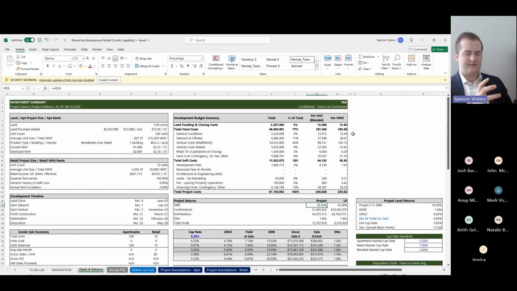Take something like that in 30 to 60 minutes. You have a confident timeline, a confident construction budget and rents and operating expenses, and be able to go make a confident offer on a piece of land and be off to the races. So that's what I have for you.